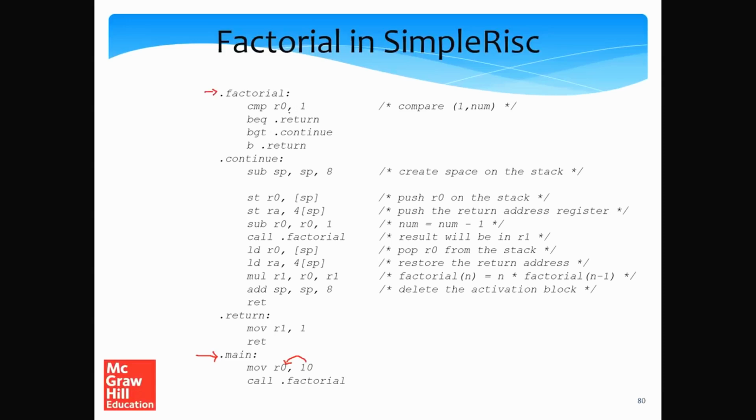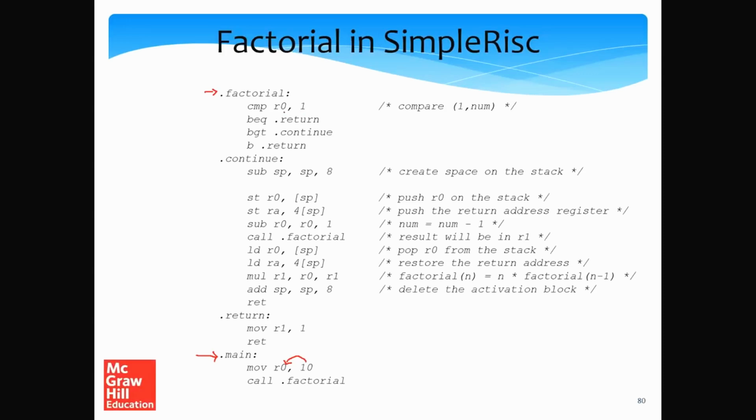Let's first test for the base case, whether we should continue the recursion or not. We compare the number that's coming in, the argument R0, with 1.